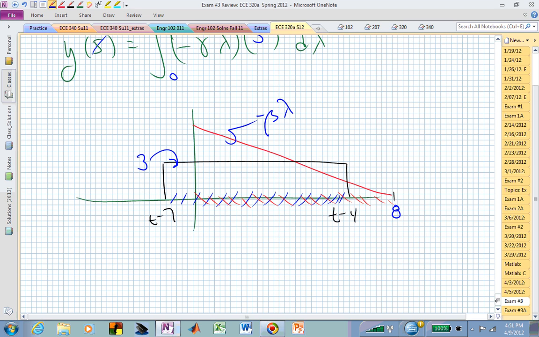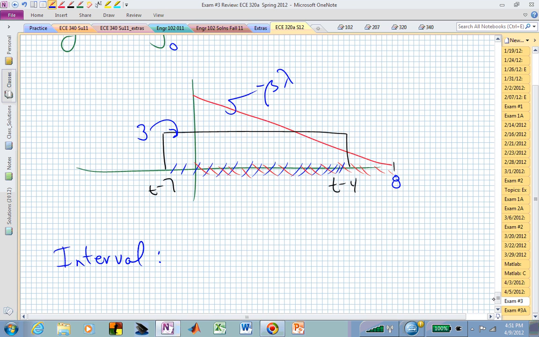Now when is this picture valid? So this is this interval and limits scenario, and they're not necessarily the same. So when is this interval valid?